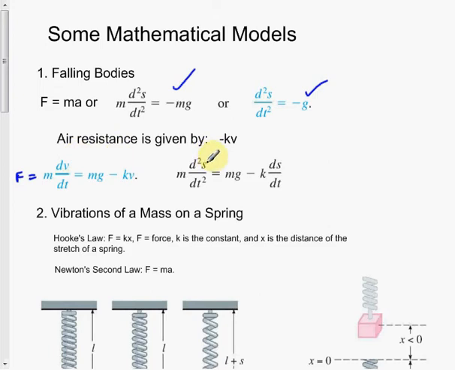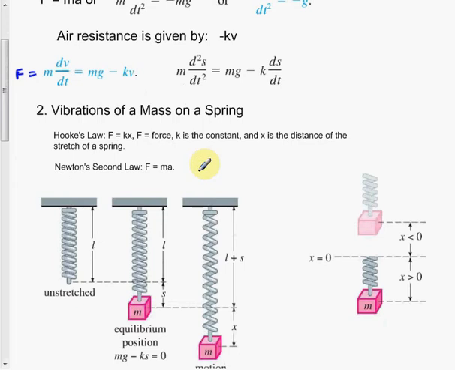A second connection to the force would be the force exhibited by the vibration of a spring. And so there we use Hooke's law, which becomes a combination of Hooke's law and Newton's second law. Somehow we can tie them both together. Here the force is the mass times the acceleration due to gravity.